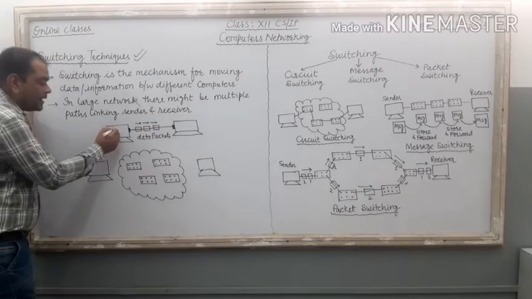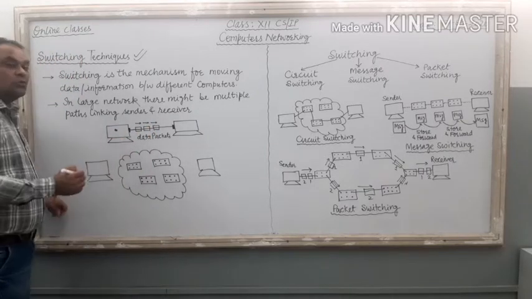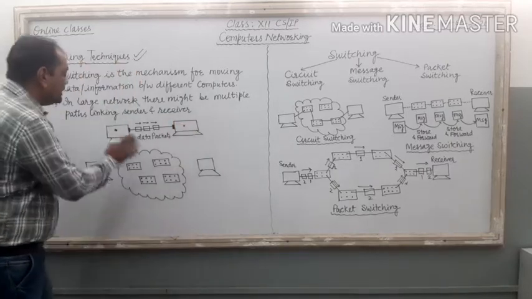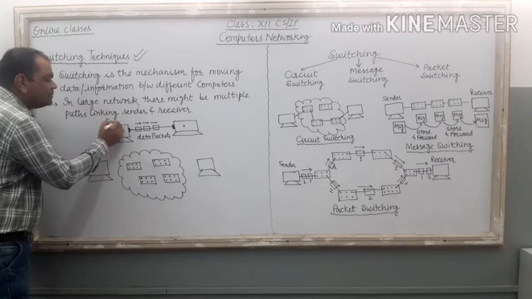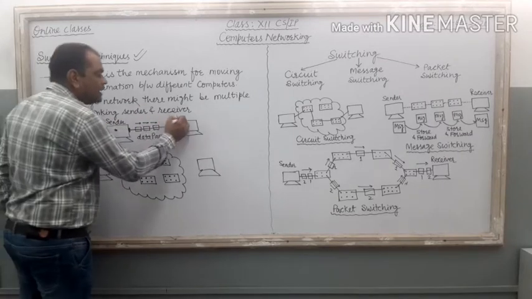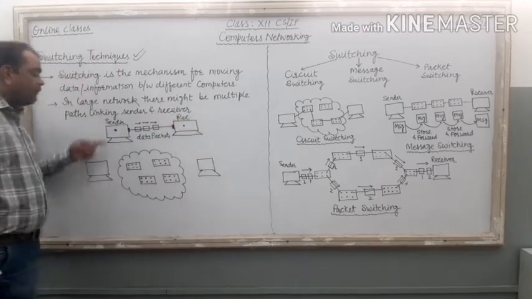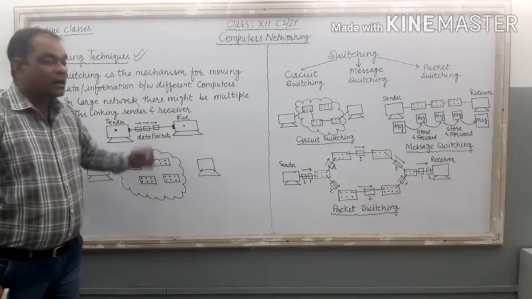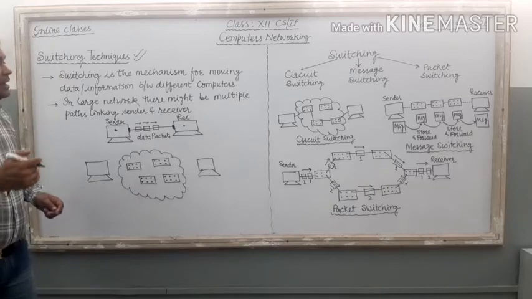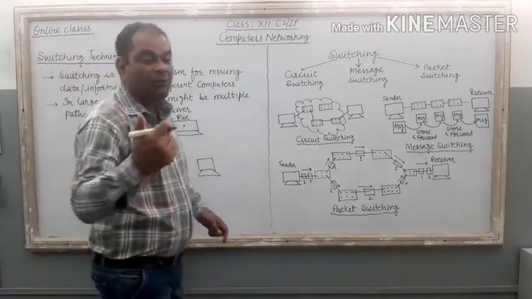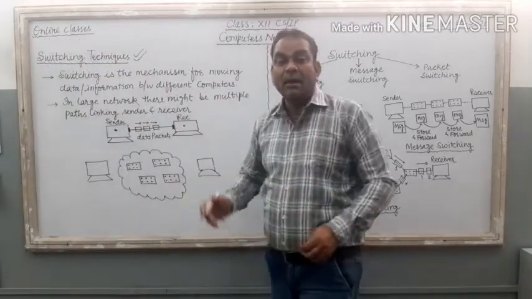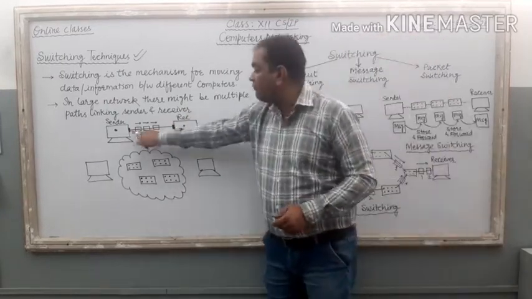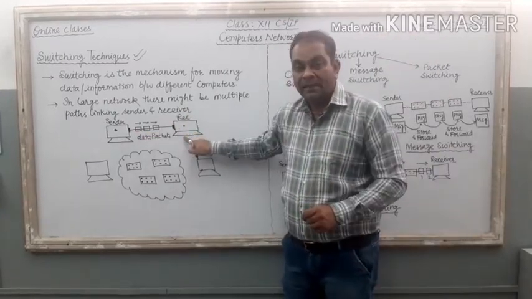If this computer wants to send a file to that PC, this one is known as the sender and that one is known as the receiver. Which particular technique or mechanism is applicable in this data transfer process? Here, only a single wire is there between these two PCs.